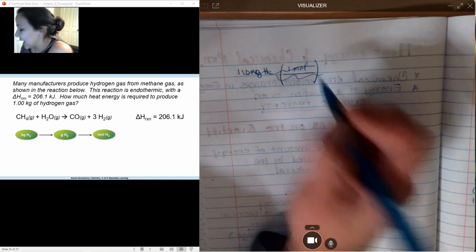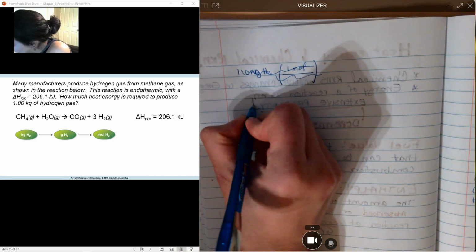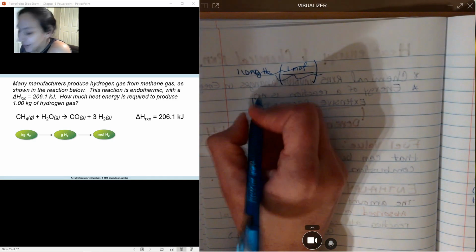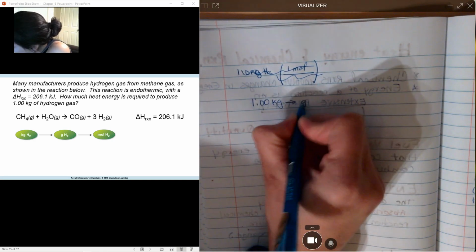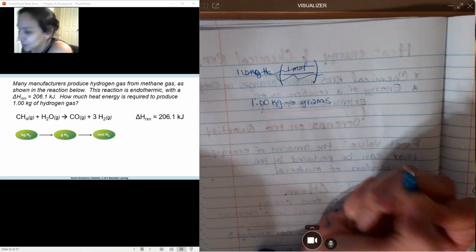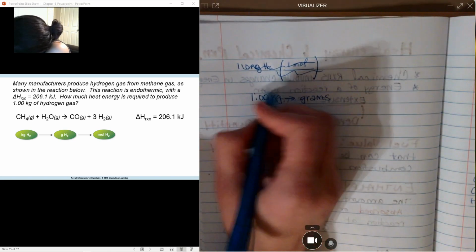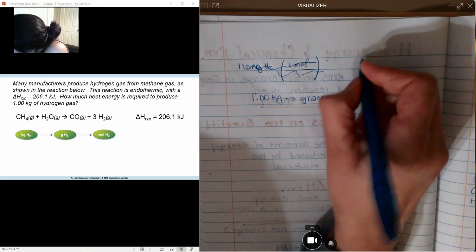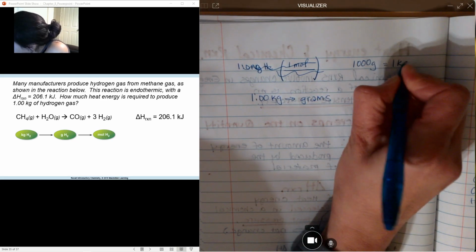Before we do this, I'm converting kilograms to grams. I'm thinking incorrectly here. All right, 1.00 kilograms. So we're going to convert that into grams. This is why it's better to write all our steps down and not try to take shortcuts like I just did. All right, and if we recall, there is 1,000 grams in 1 kilogram.